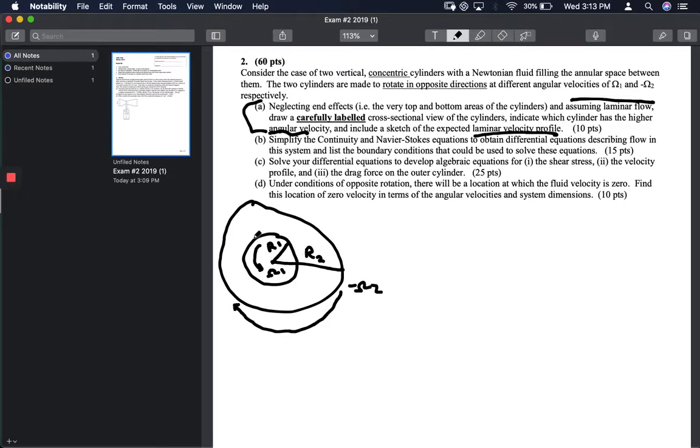Now we can also just really quick draw our velocity profile. So the way I like to do this is just draw a straight line here, and then following the curve of the cylinder here.